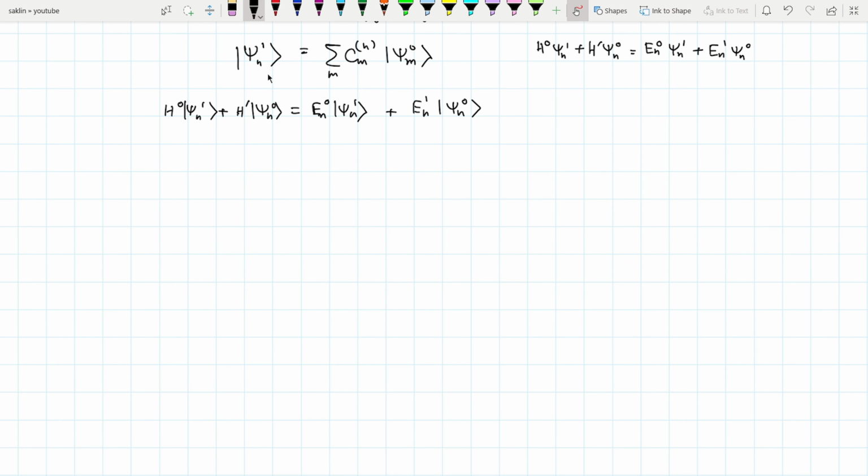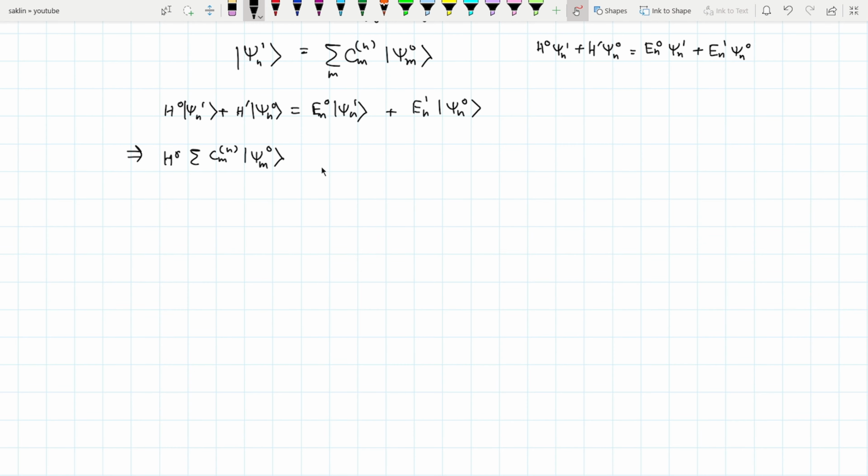After that, we will substitute psi n1, the first order correction, into this equation. Then we will get psi m n 0.